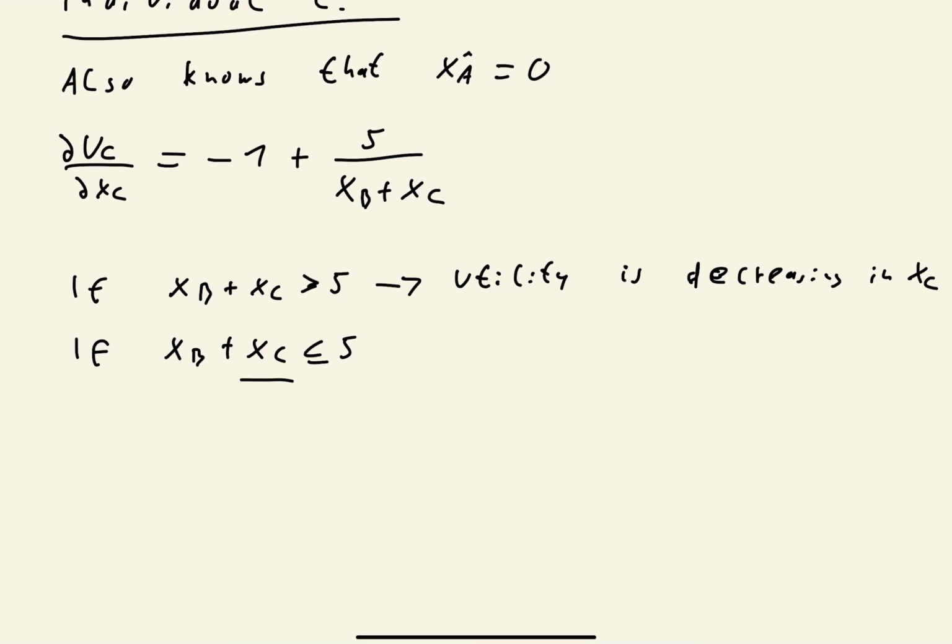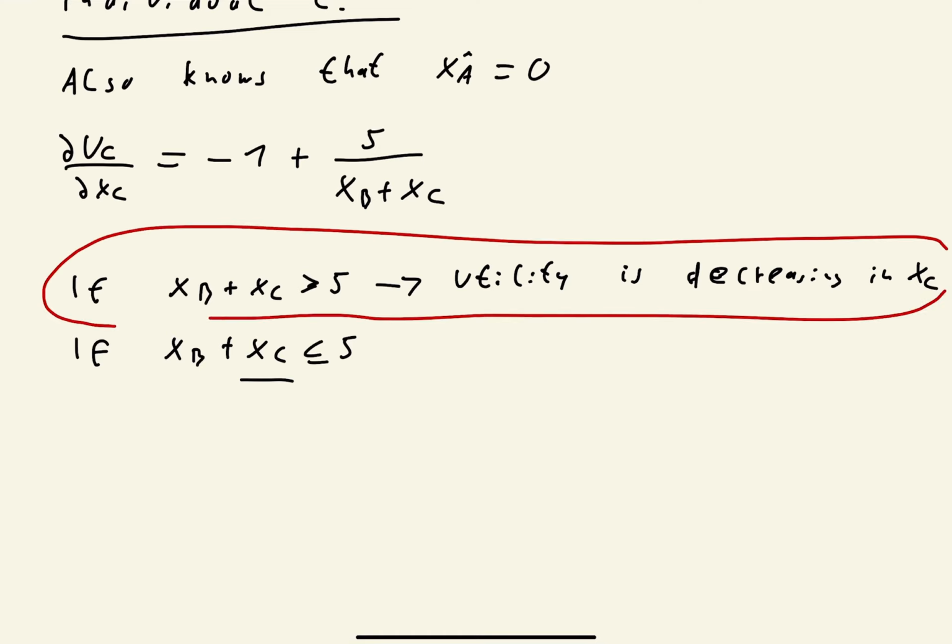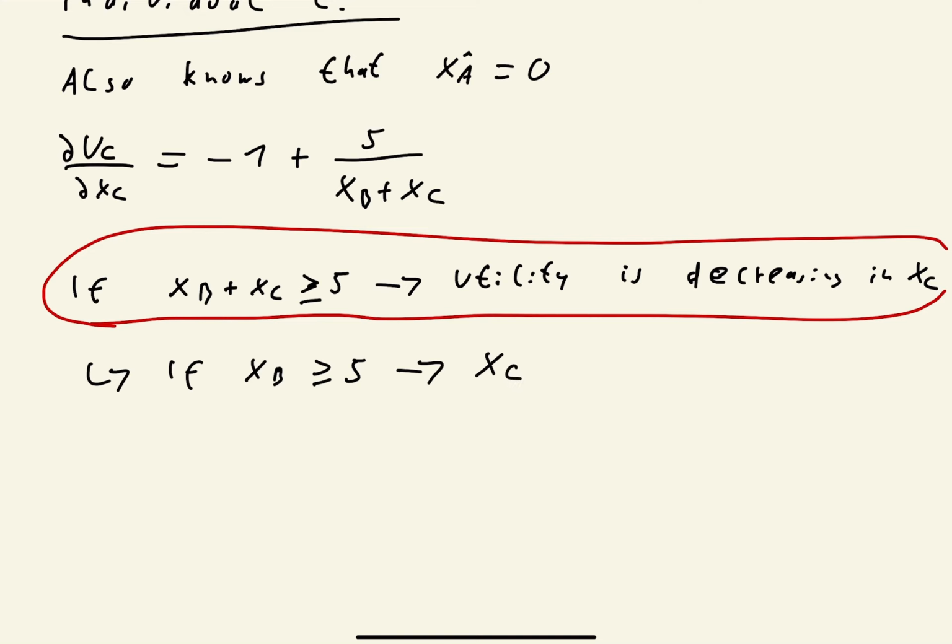So a consequence of this is that, let me erase this, it is a little bit confusing. So therefore, if XB is weakly larger than 5, then XC should be equal to 0.